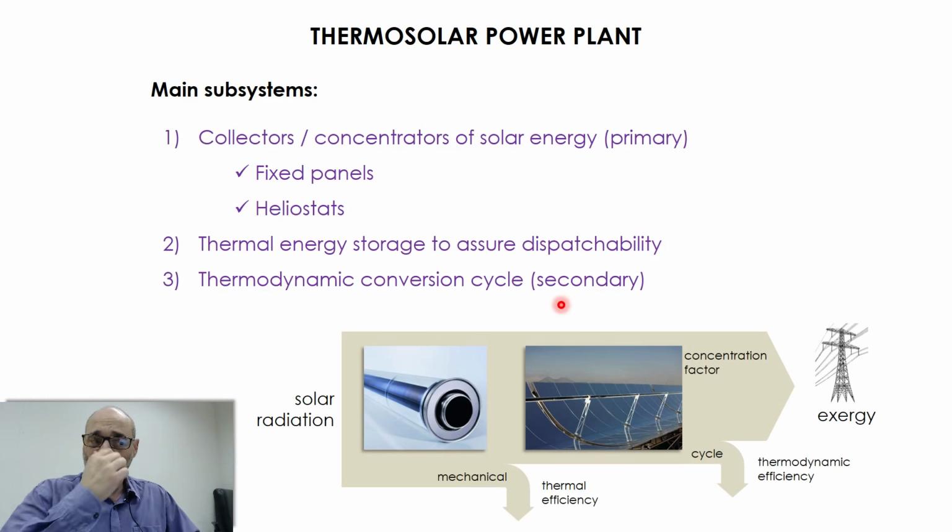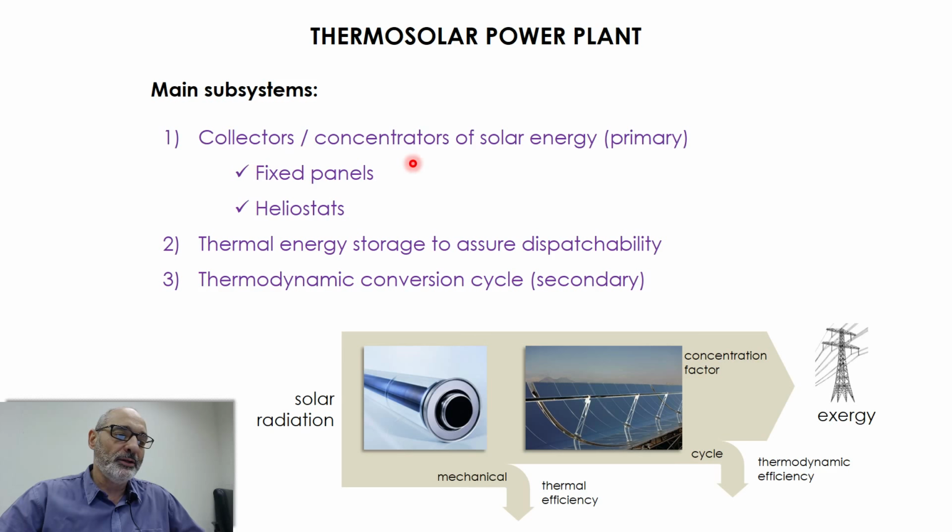That's our objective. So coming back to our power plant, the main subsystems of a thermosolar power plant we can divide in three. We can focus on three. First, what we call collectors, concentrators of solar energy, and it is related to the primary cycle, to the primary part of the solar plant.